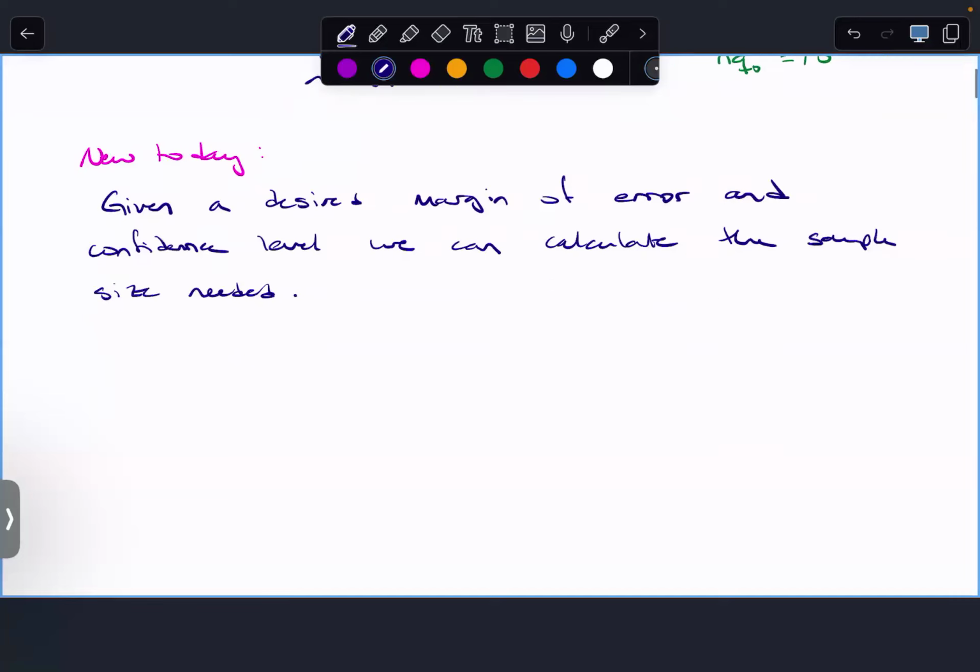So if we take it back, the margin of error is from your confidence interval: z star times the square root of p hat q hat over n. This is your margin of error, this plus minus chunk.